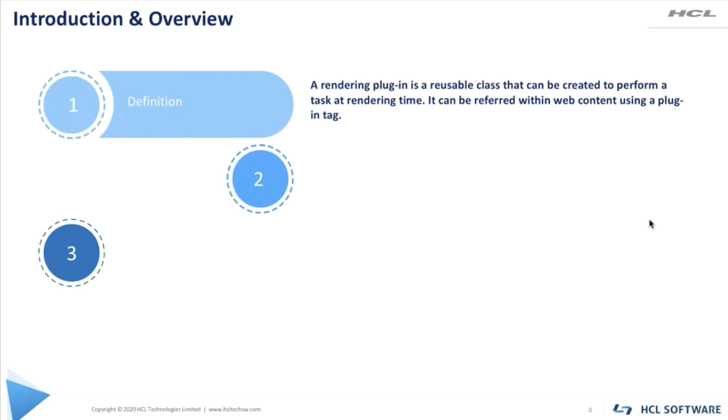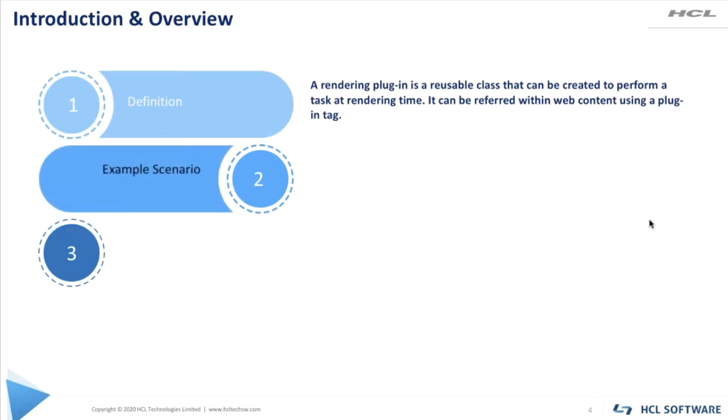In your WCM content, if you want to do any activity at runtime, at rendering time, and manipulate the functionality at rendering time, then in those situations we can leverage rendering plugins to implement our business logic, which can be referred to within the web content by using a rendering plugin tag.